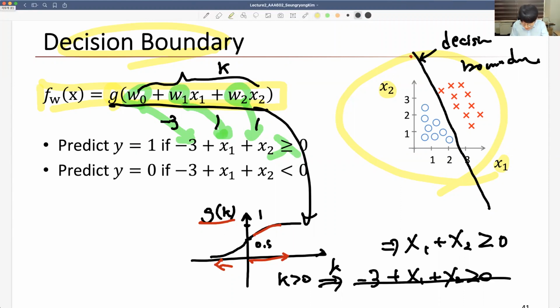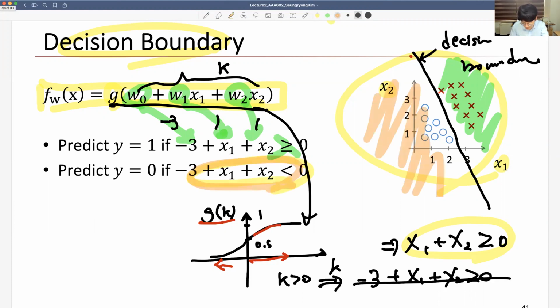In here, this inequality represents this part. In the reverse case, this inequality represents this part, right?